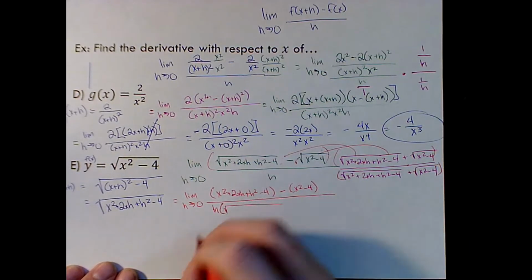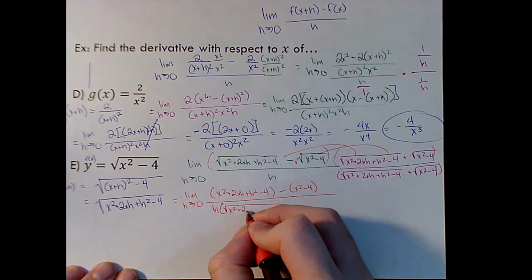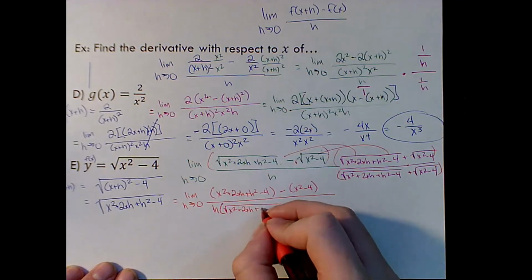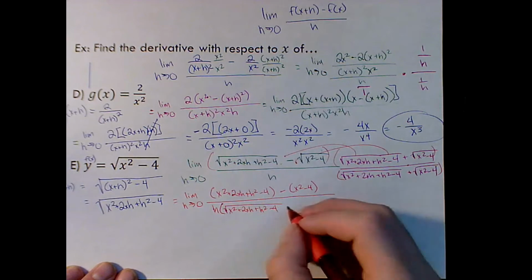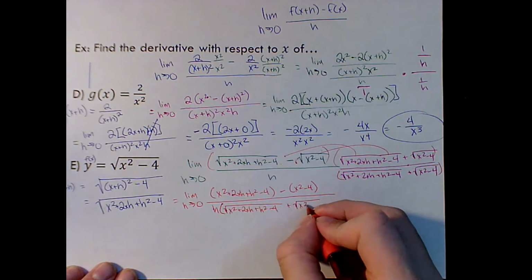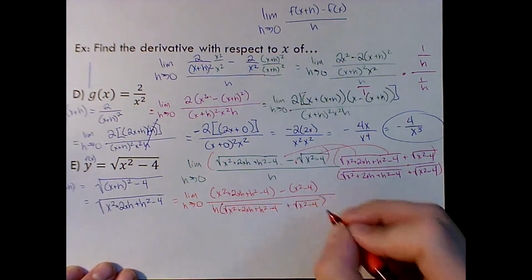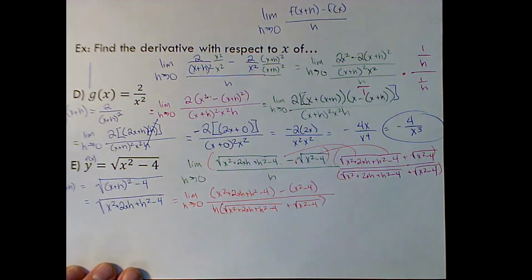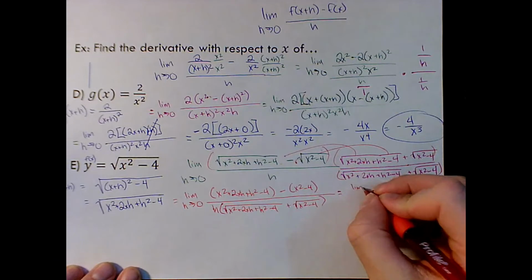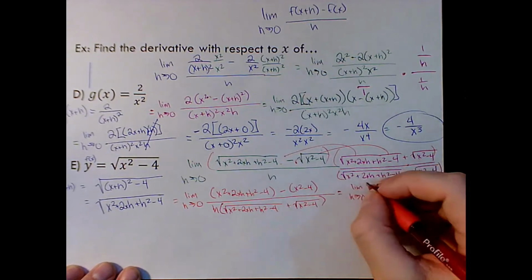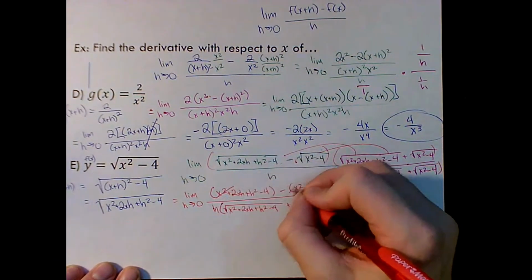I have root x squared plus 2xh plus h squared minus 4 plus root x squared minus 4. That ends up being, drop the parentheses, x squared minus x squared is going to go away.